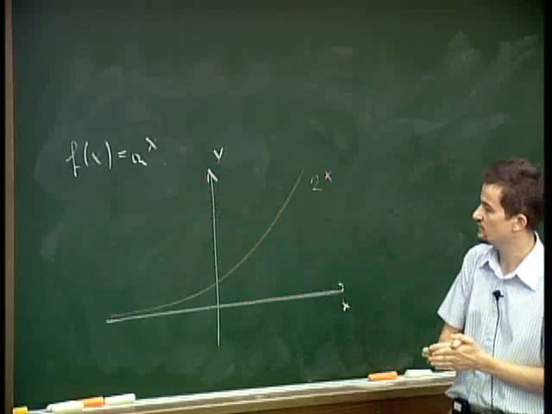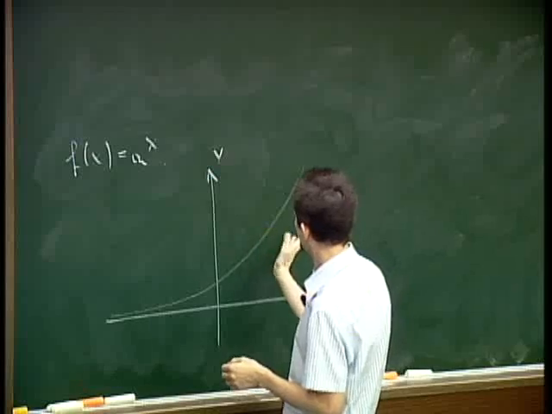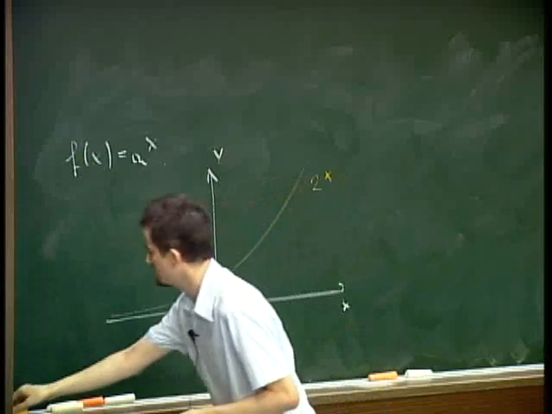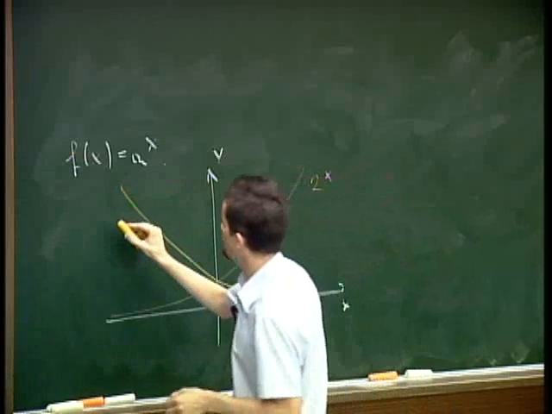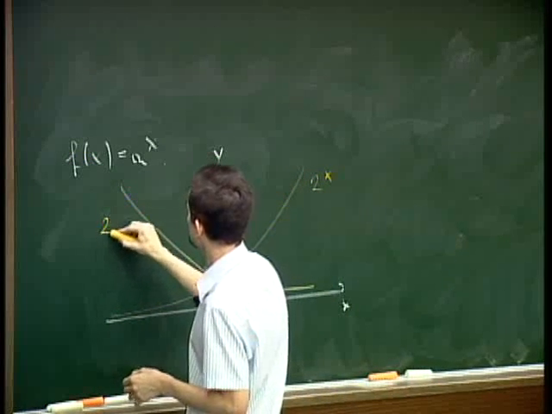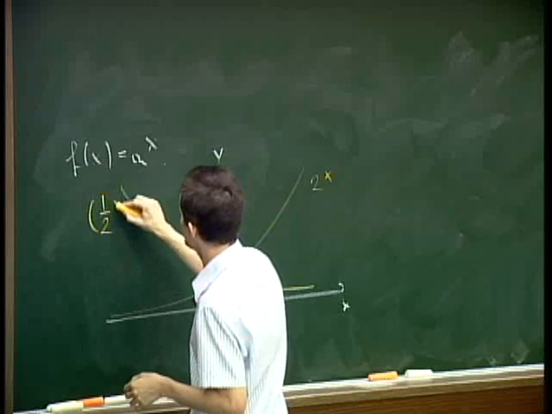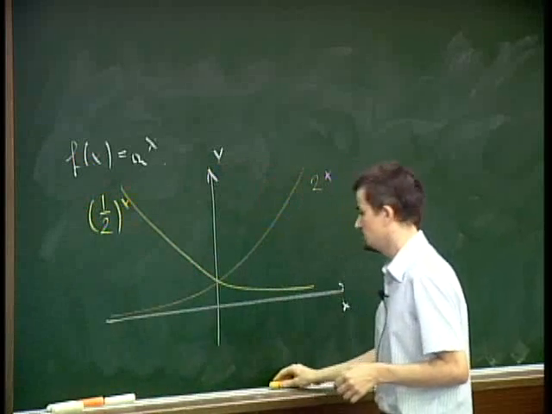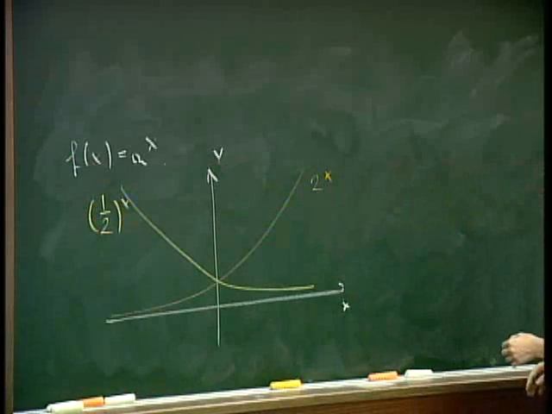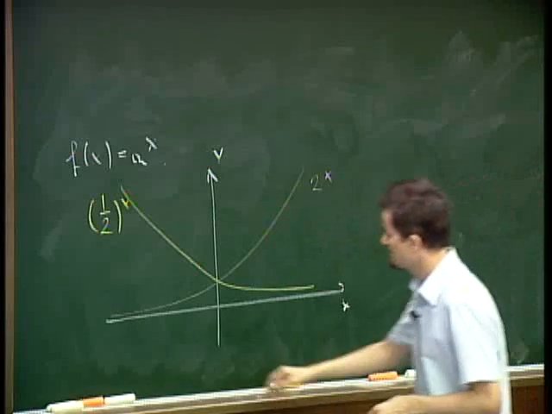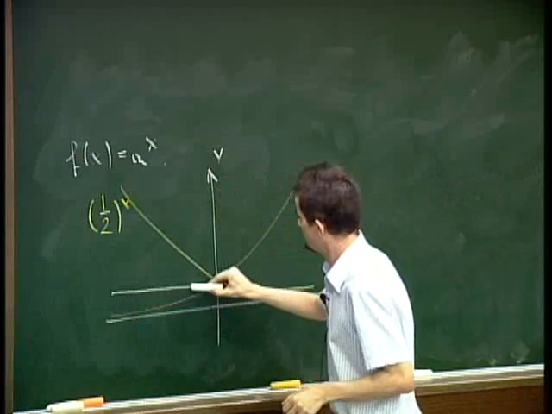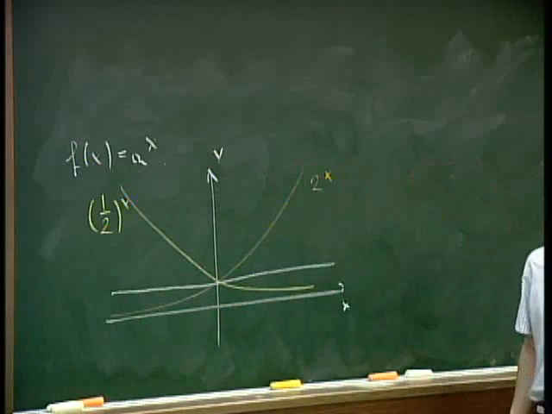So for instance, if a is 1/2, you get the same graph just reflected about the y-axis. So you have this graph here for this function. And this is the second type, and the third type is if a is equal to 1, then you get a constant function.